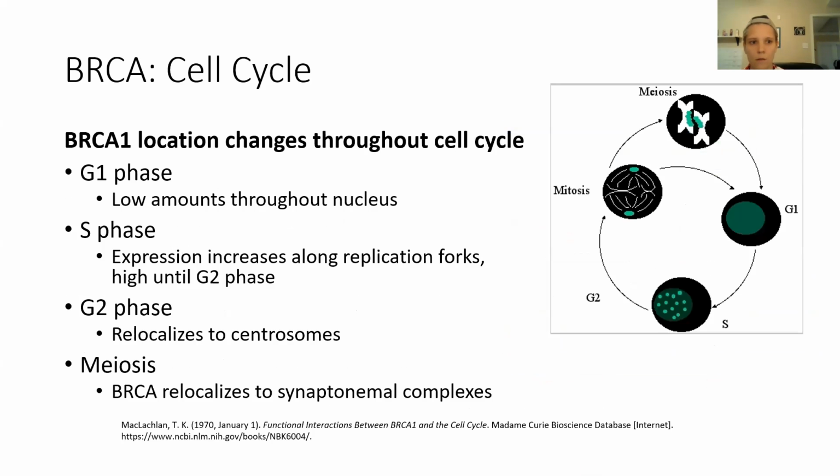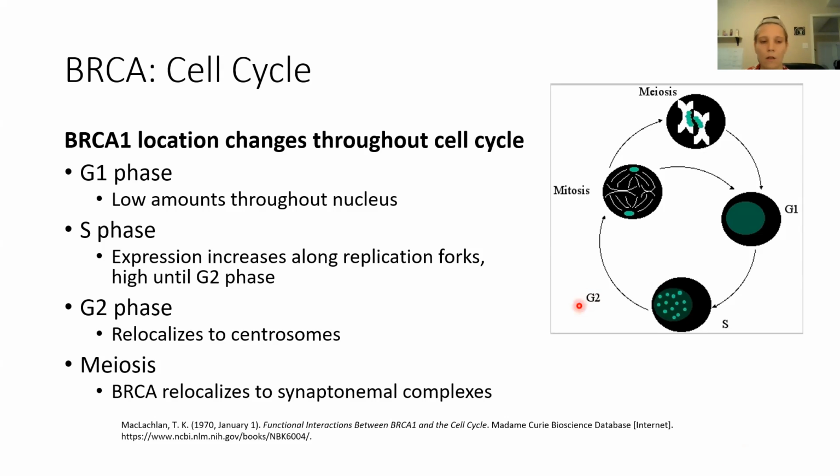So as far as BRCA in the cell cycle, this is from functional interactions between BRCA1 and the cell cycle. In the G1 phase, there are low amounts of BRCA1 throughout the nucleus. Going to S phase, expression increases along the replication forks and is high in the G2 phase.